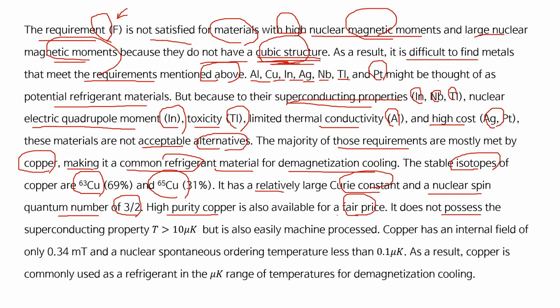It does not possess the superconducting property above 10 microkelvin, and is also easily machine processed. Copper has an internal field of only 0.34 millitesla and a nuclear spontaneous ordering temperature less than 0.1 microkelvin. So as a result, copper is commonly used as a refrigerant in the microkelvin range of temperatures for demagnetization cooling.